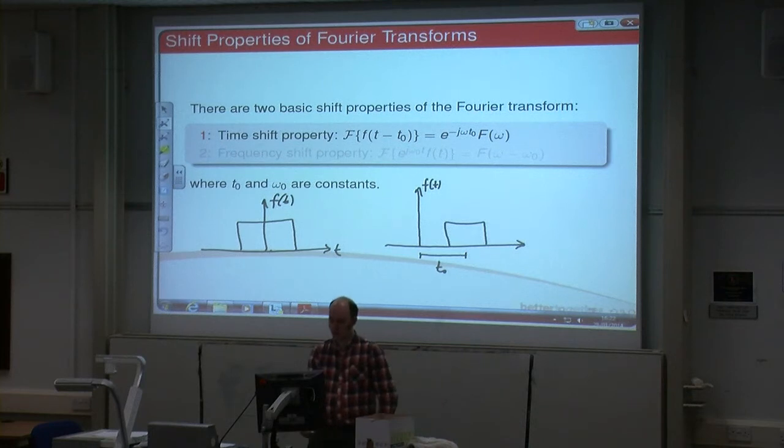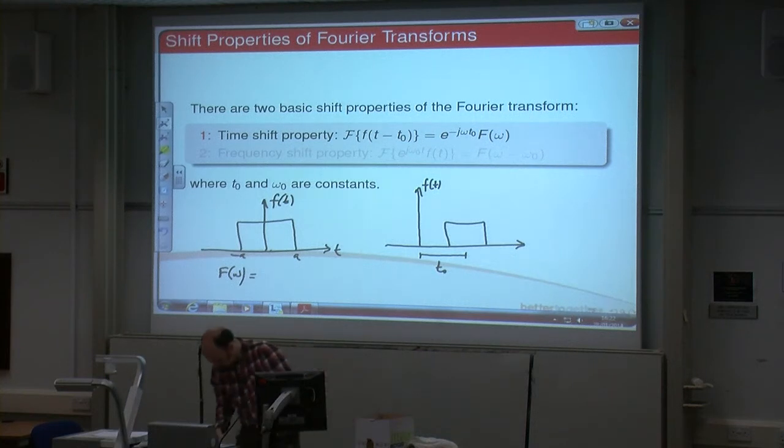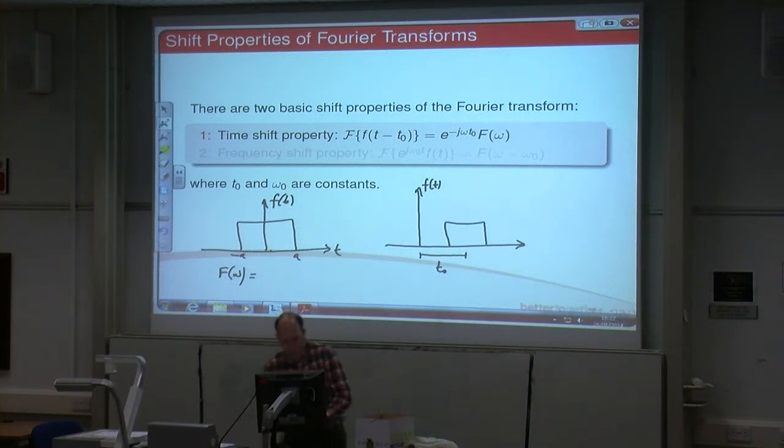Okay, so the Fourier transform of this we know, big F omega. If this is minus a, and this is a, we have 2a sinc omega a.